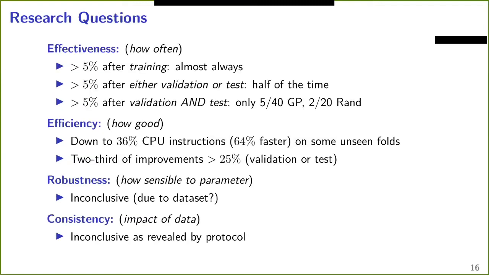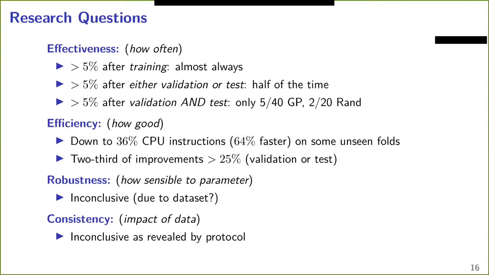As for our research questions, for effectiveness, we report improvements of more than 5%. During training, almost all approaches, including both GP and random approaches, found very good improvement, which is basically overfit. After validation and test, so on unseen instances, half of the time we get improvement better than 5%.